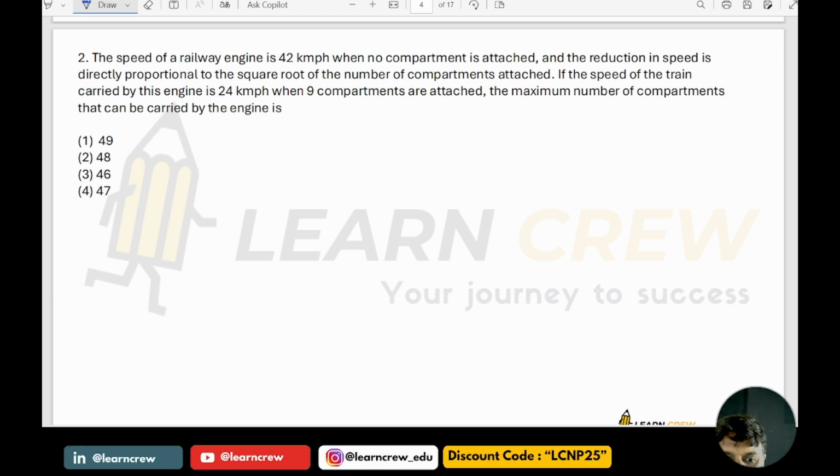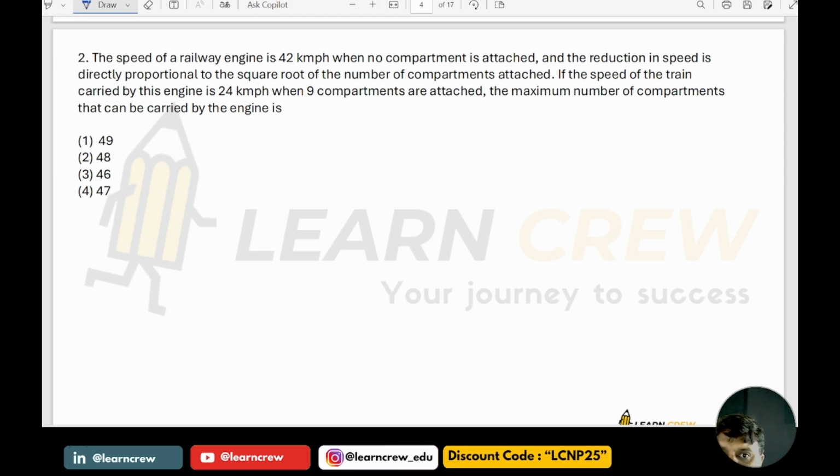If the speed of the train carried by the engine is 24 km per hour when 9 compartments are attached, the maximum number of compartments that can be carried by the engine is how much?